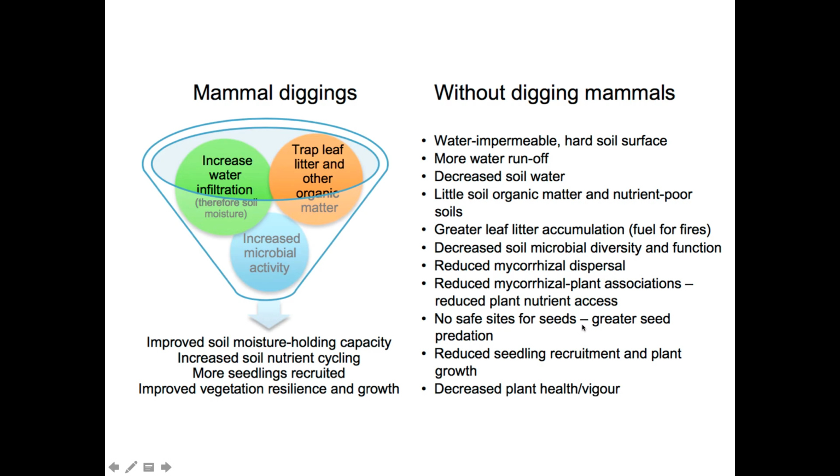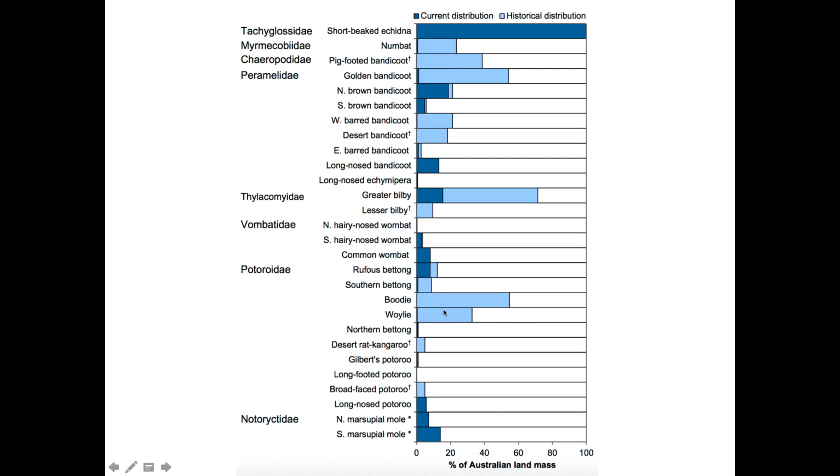There's no safe sites for seeds. It becomes harder for seeds to take off, and you get reduced recruitment and plant growth. So the lack of these vertebrate mammals that do all this digging can cause these negative effects that have wide-ranging implications for the ecosystem.